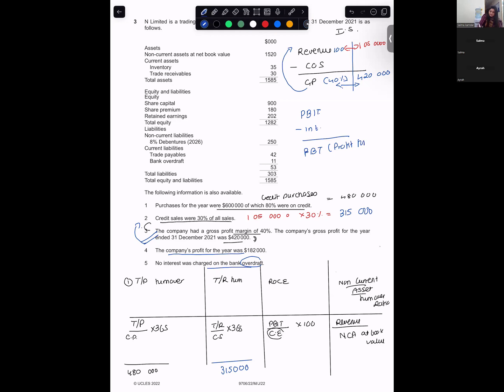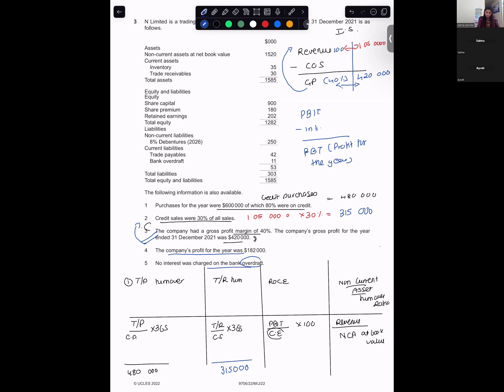What is the profit for the year? I didn't understand. You're saying profit for the year is the profit before tax. Yes, because PBIT minus interest will give you the profit for the year.